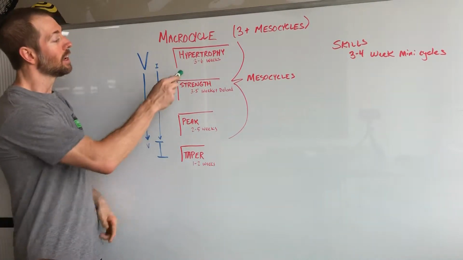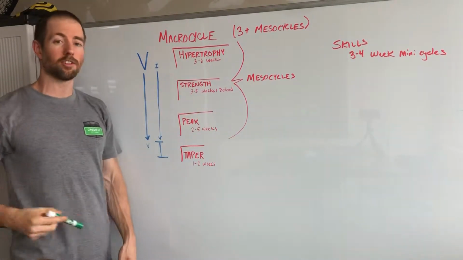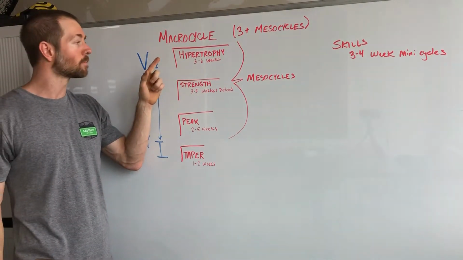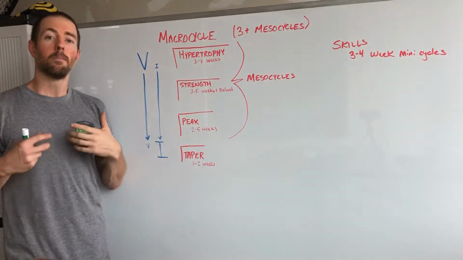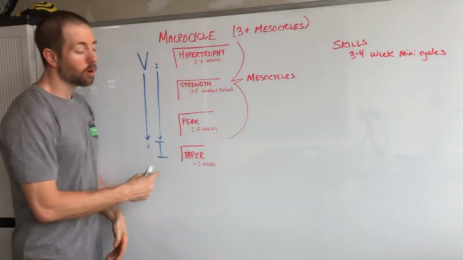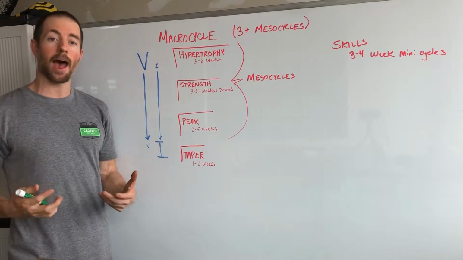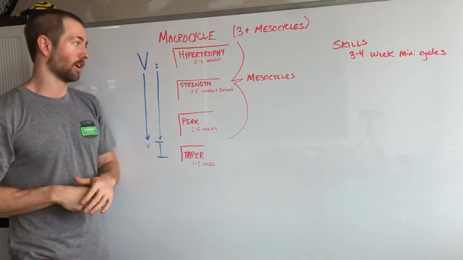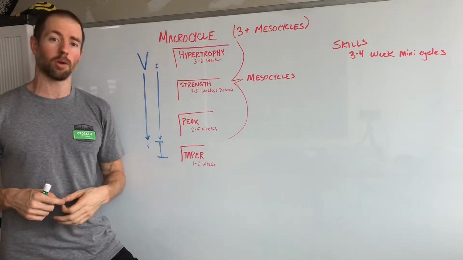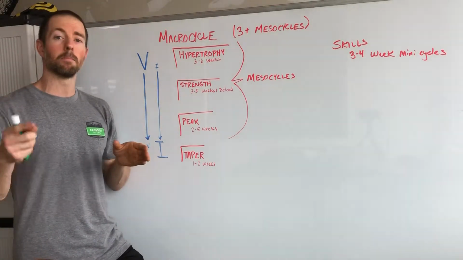The different types of mesocycles we typically use in here are going to be a hypertrophy mesocycle. That's going to be more based around building muscle. The order of these things really matters as they build on one another. Hypertrophy cycles in here typically run between 3 and 6 weeks, and we might do multiple of them.